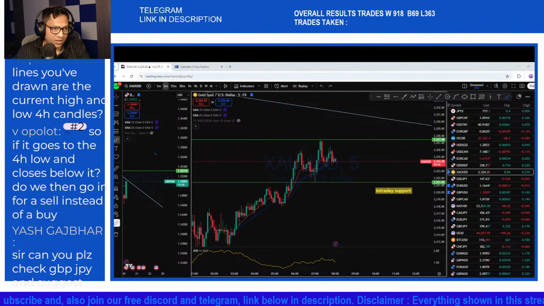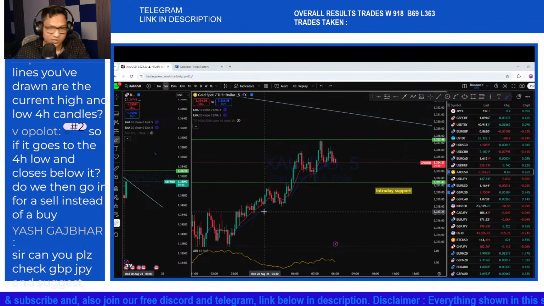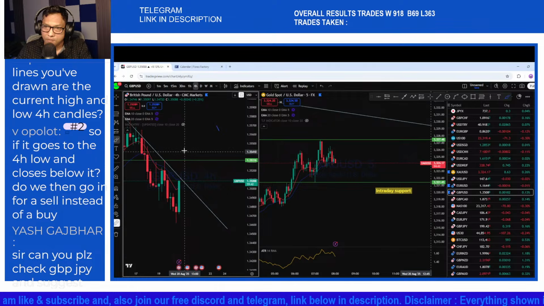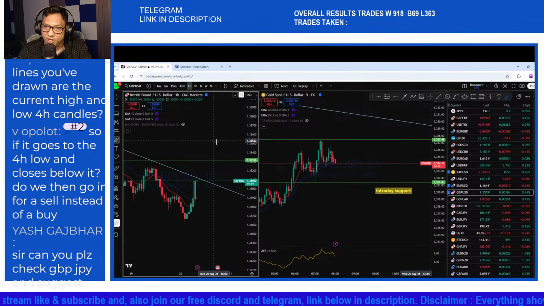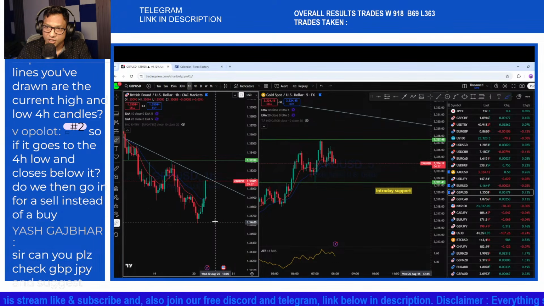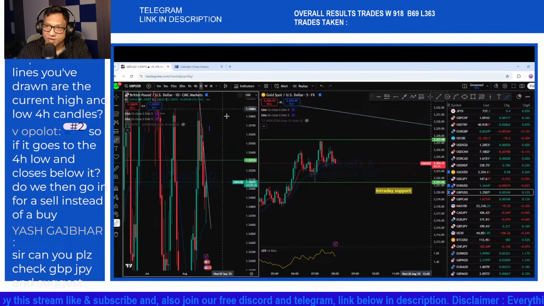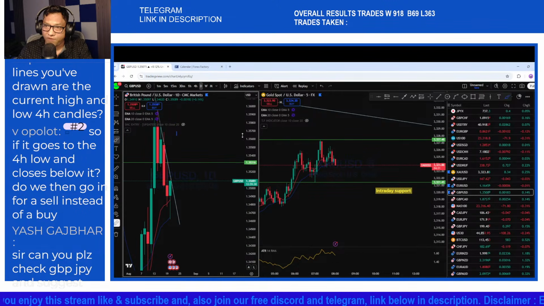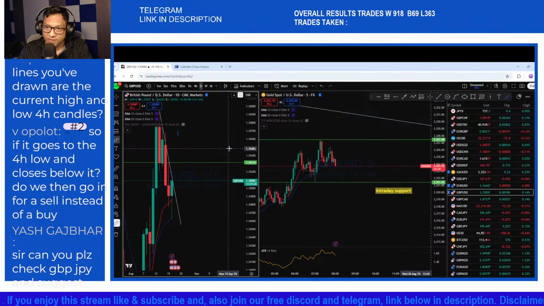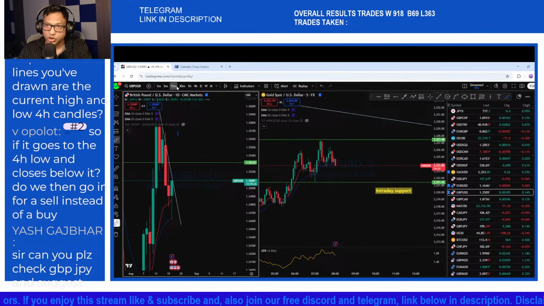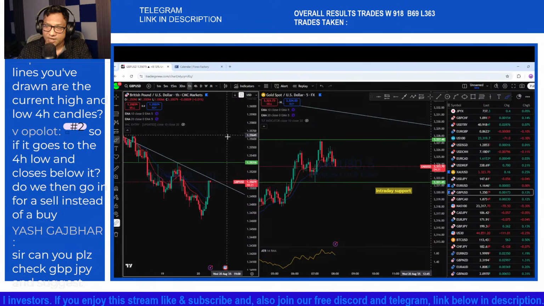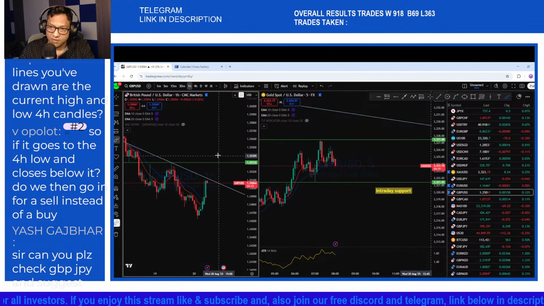So, can you please check GBPJPY and suggest? Yes, we are looking at British pound US dollar. We can see there is a bounce here on the lower time frame, waiting for this market to potentially go back up to hit that daily level. 1.3531 is an important level that you can look for on GBPUSD for a potential selling opportunity. I think the market may move back here on GBPUSD.